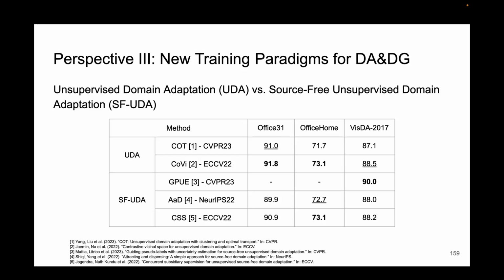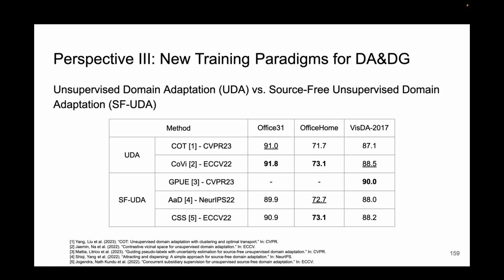We know that SFUDA is more challenging because there is no labeled source data to be utilized in the optimization or domain adaptation stage, right? So the literature has long shown that SFUDA achieves inferior performance compared to UDA. However, in the most recent literature, researchers have gradually shown that SFUDA can approach the same level as UDA, or sometimes even be slightly better.